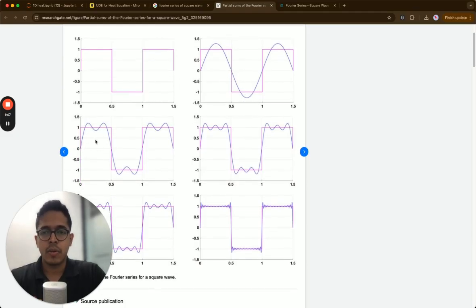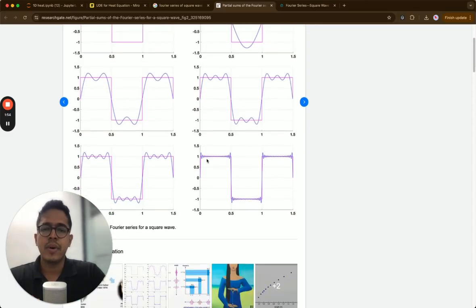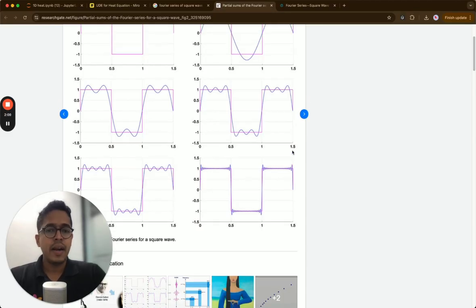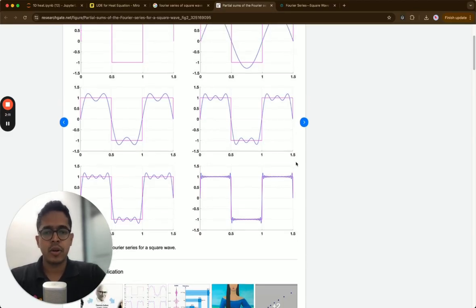Here, I think it's a combination of two sinusoidal waves with some offset, multiple sinusoidal waves. And if you have enough sinusoidal waves of different phase, which is offset, and you superimpose them, you can approximate this square function to a certain degree of accuracy. So this is one example of a universal function approximator.